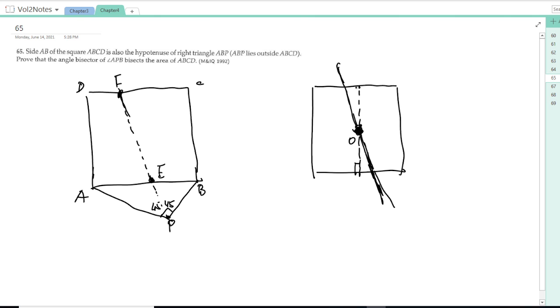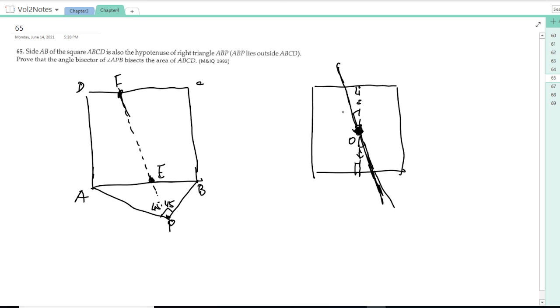Because it's the center, you know this angle equals this angle, 90 degrees equals 90 degrees, and half of this equals half of this. The two triangles are similar, so the section of this part is equal to half of the square. Take out this triangle, add this triangle.